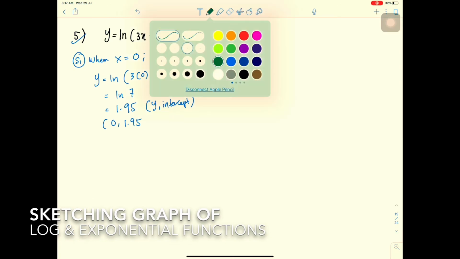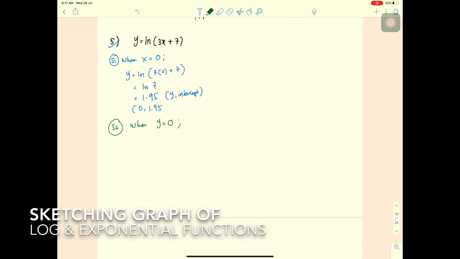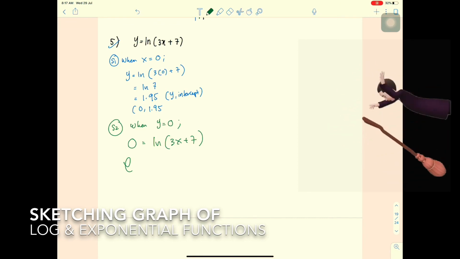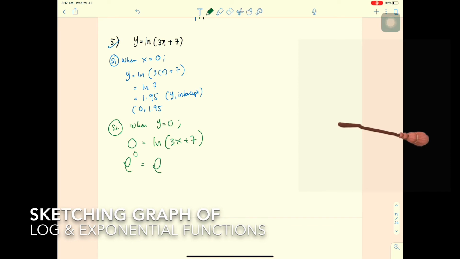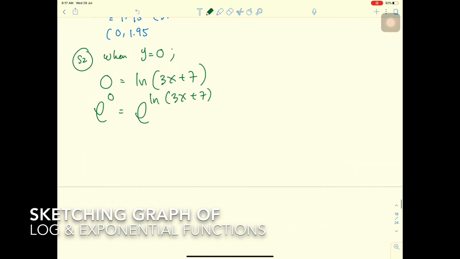And then step 2, when y equals 0. So 0 equals ln of 3x plus 7. Exponential both sides: exponential of 0 equals exponential of ln of 3x plus 7.